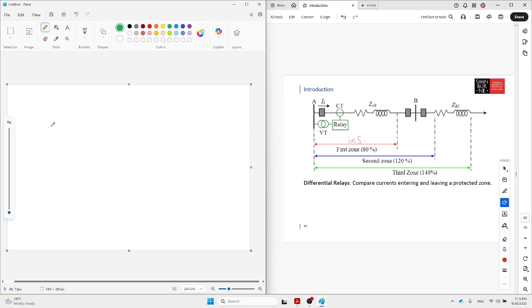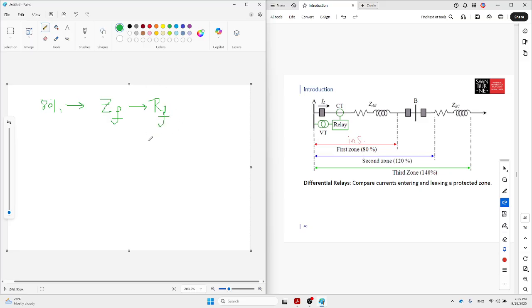Then if we cover 80% of that one, again, why not 100%? In transmission line, usually the fault nature are from birds, from lightning, from a single line to ground fault, from trees, and so on. So we have the impedance of fault, or in an easier way, we can call it resistance of fault.